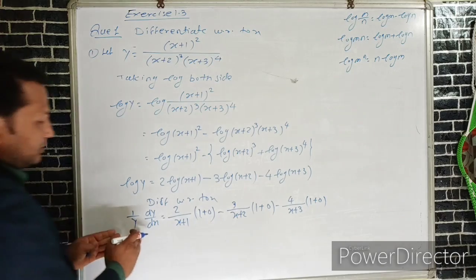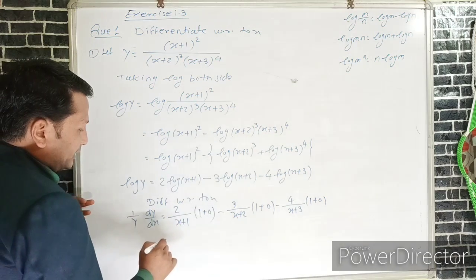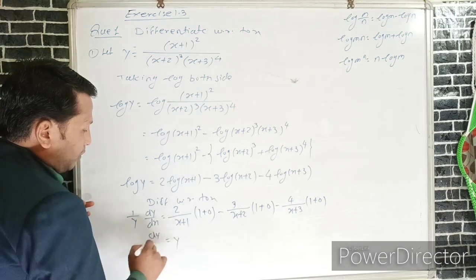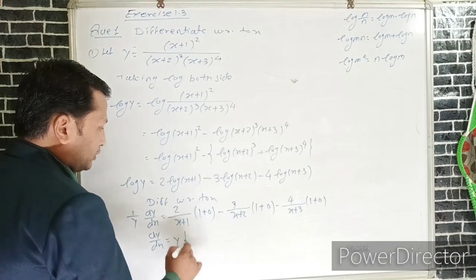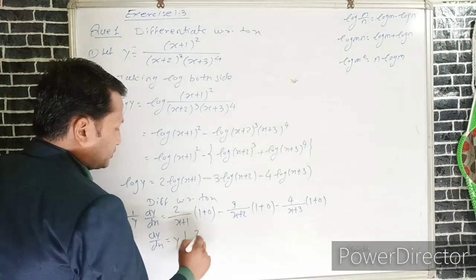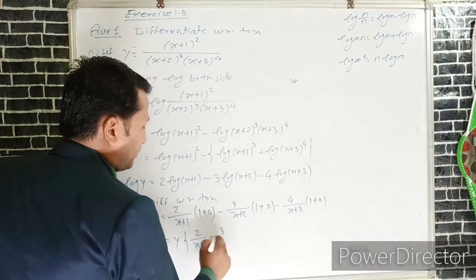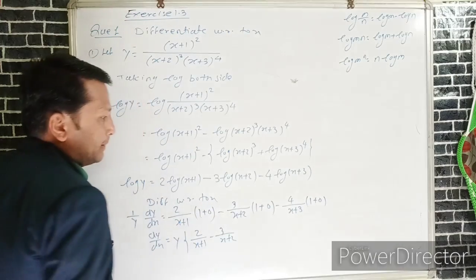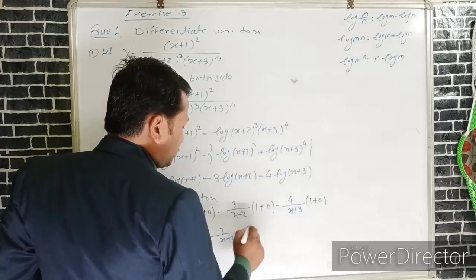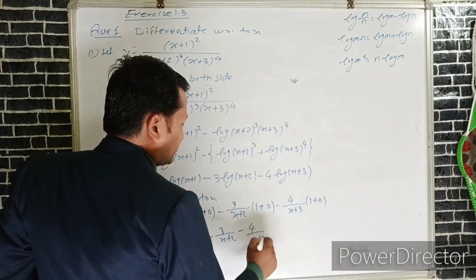After that, if we shift this y to the right side, we can write dy by dx is equal to y into 2 into 1 is 2 upon (x plus 1) minus 3 into 1 is 3 upon (x plus 2) minus 4 into 1 is 4 upon (x plus 3).